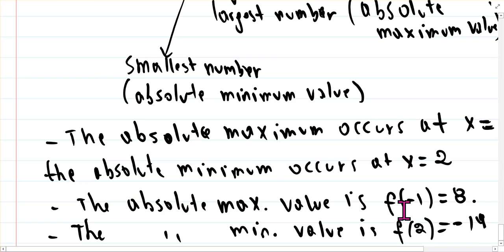So you write f of negative 1 is 8, and for the minimum value, which is negative 19, you write f of 2 is negative 19. So that's how you find the absolute maximum value and absolute minimum value.